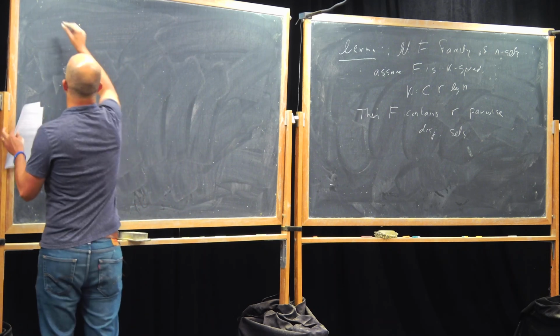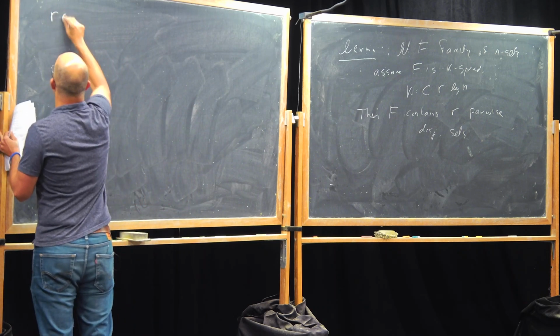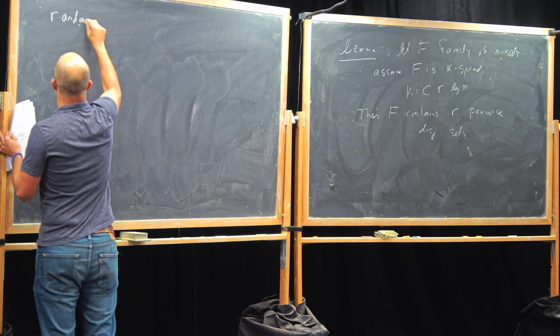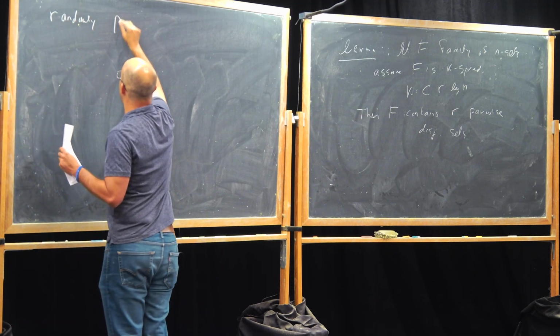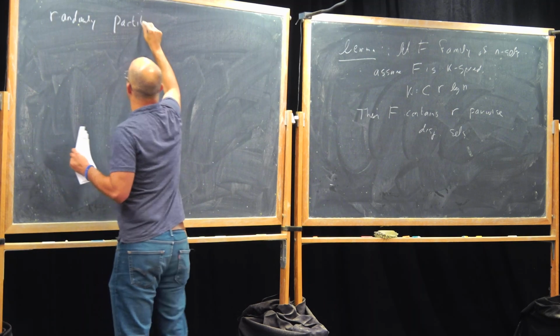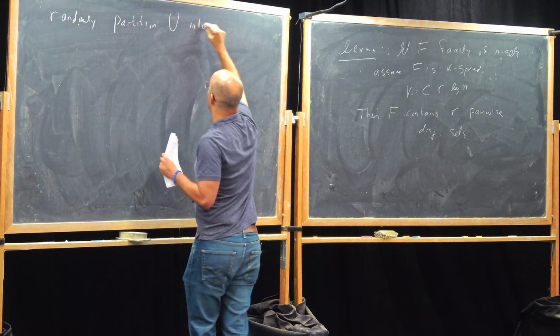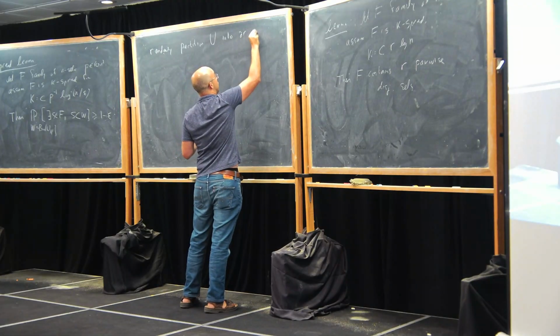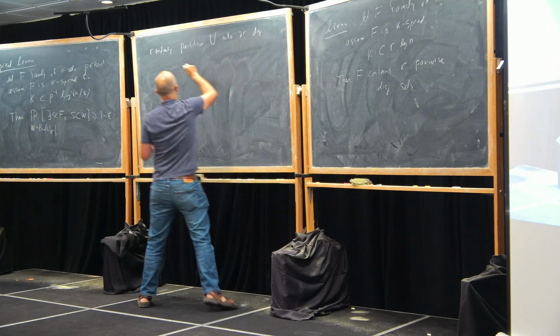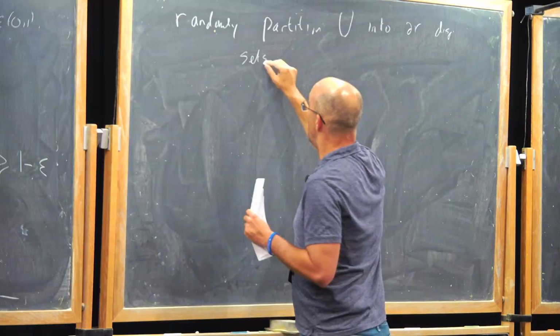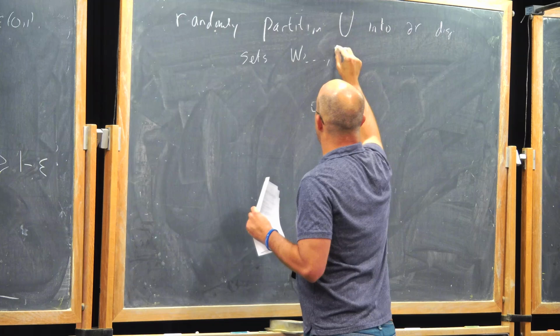Okay. So randomly partition the universe U into 2R disjoint sets, W1 up to W2R.